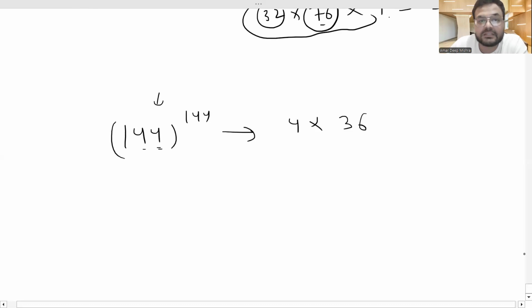I can write it like this. Or simply you can put it like this: 16 nines are 144, is 16 into 9, right? So instead of doing it this way, you can directly write it like 16 into 9. That is 144. Now whole to the power 144.